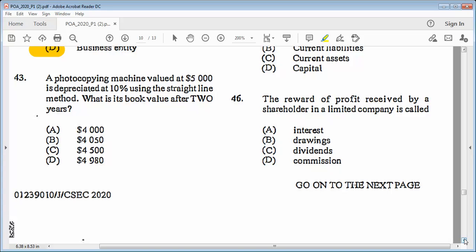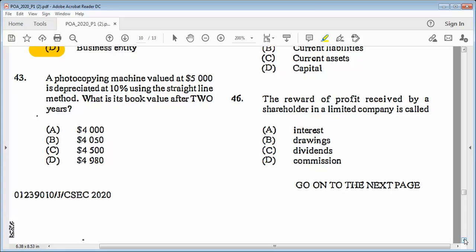So what do we mean by that? First, we're going to have to find 10% of $5,000. After we find 10% of $5,000, we get $500. Now, we subtract $500 from $5,000. There we get $4,500.